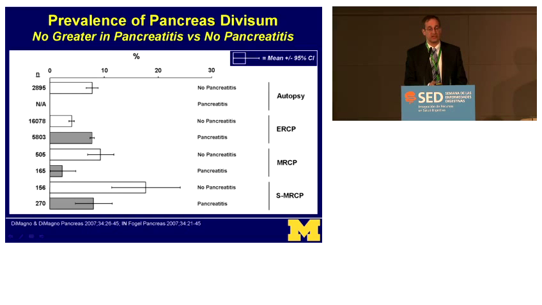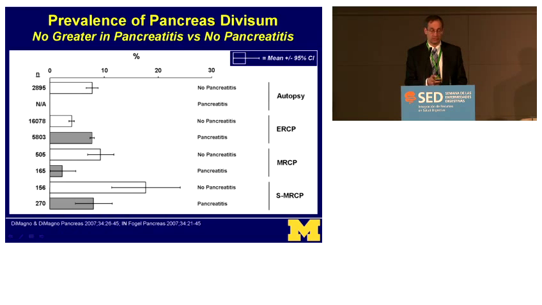For the ERCP group, the prevalence of pancreas divisum appears to be higher in the pancreatitis versus no pancreatitis group, but this prevalence is almost the same as the prevalence in no pancreatitis for the autopsy.